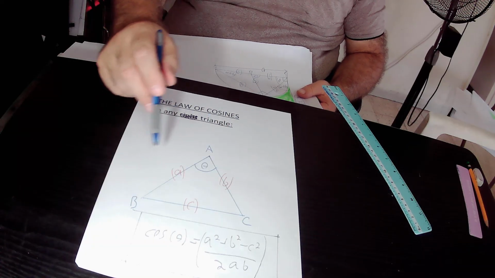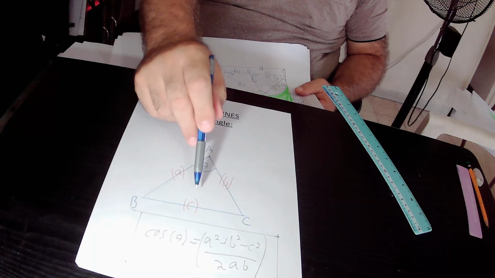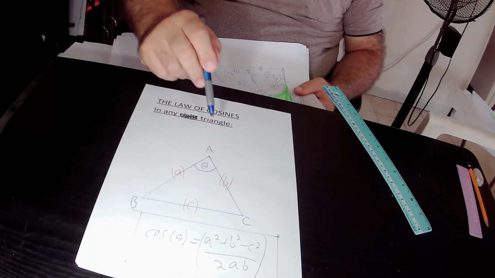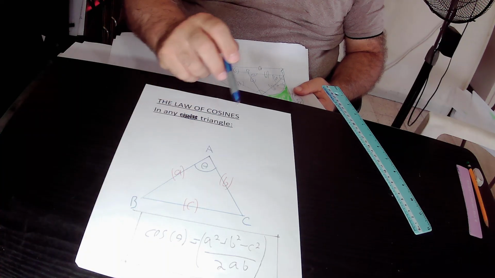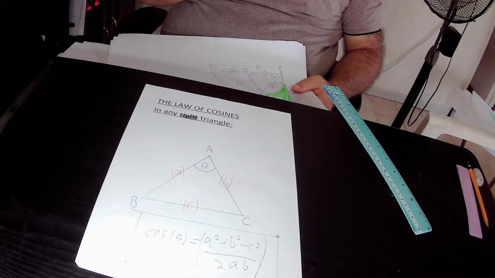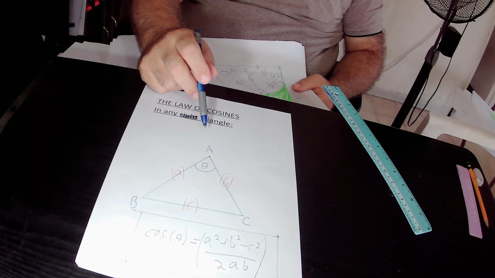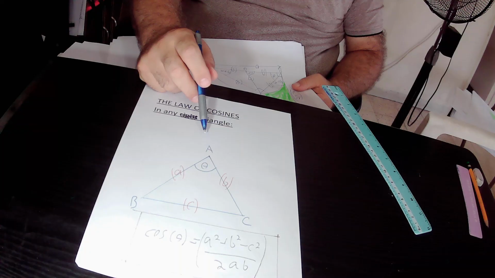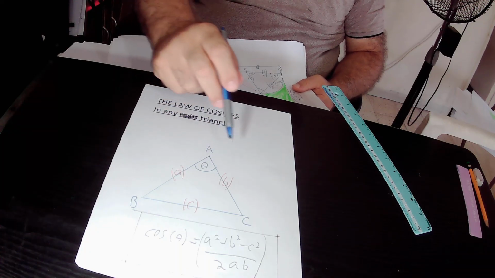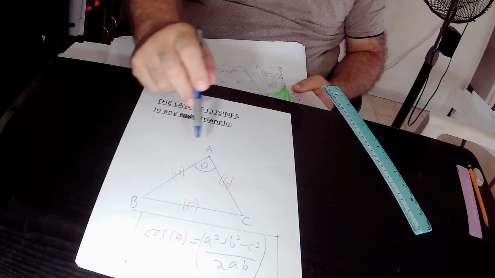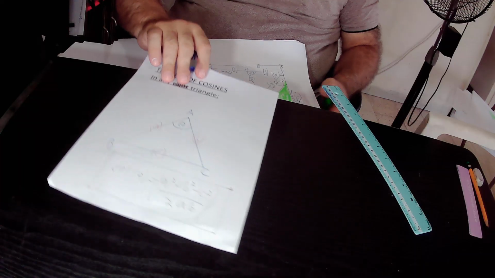The length of side BC is A, side AC equals B units in its length, side AB equals C units in its length, angle theta is the angle opposite side C. In this triangle, the following equation is true: cosine theta equals A square plus B square minus C square over 2 times A times B. Again, cosine theta equals A square plus B square minus C square over 2 times A times B.